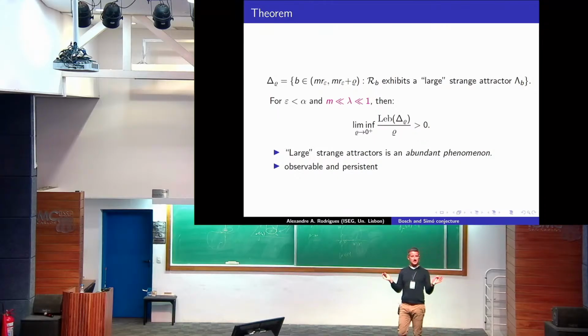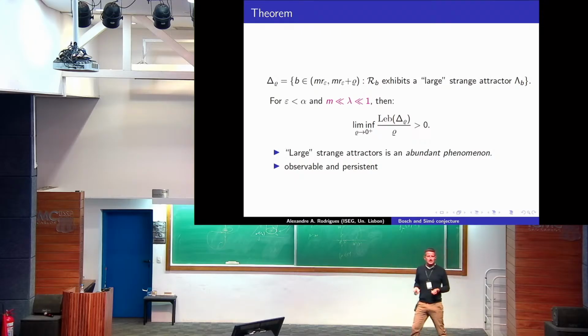So, in terms of dynamics, I have a strange attractor. It means that I can see the chaos. The Lebesgue measure is positive, so it is persistent, I can see it in the parameter space, and it is large because it's not confined to a very small portion of phase space. Okay, so this is my main result.